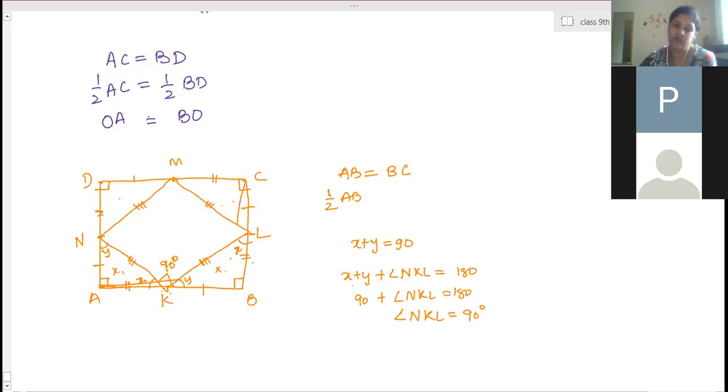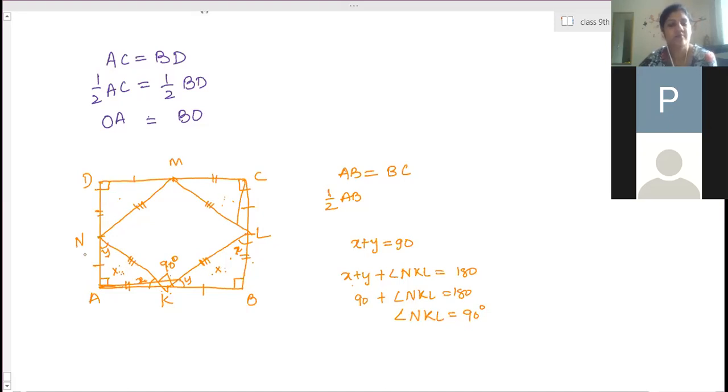Ma'am, so basically we have to prove 3 congruencies and 1 angle of 90. 4 congruencies, triangle KBL, all 4. This and this, this and this.